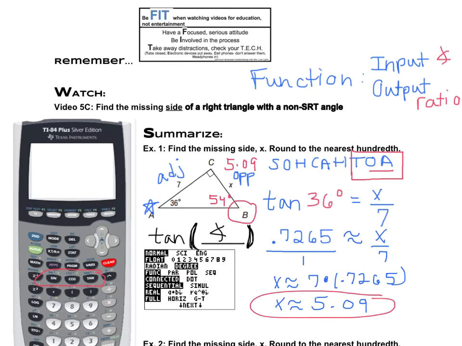So the question is, as I think about the side that is opposite 36 degrees being 5.09, does it make sense that 7 is opposite an angle that's bigger than that? And of course we know with our side and angle relationships that does make sense. So that's the first example, and then we'll go on to the next one.